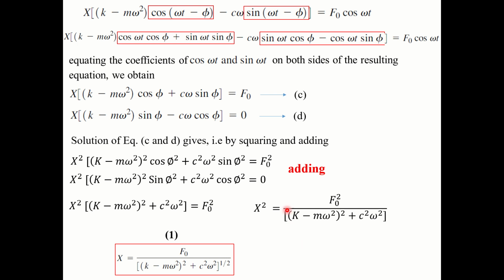Take the root of this; f square is there, so it becomes f naught. This term comes under the root, which is written as power 1 by 2. The phase angle is this term divided by this term, so c omega divided by k minus m omega square. So this is the phase angle and this is the displacement.